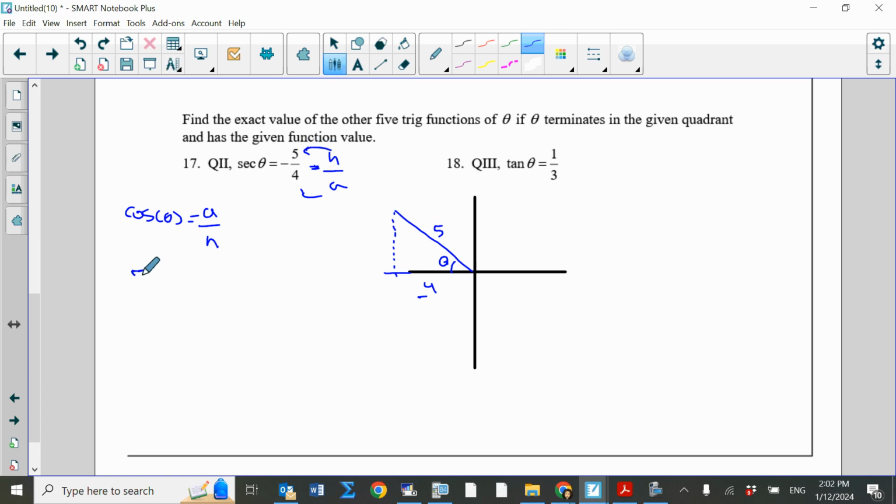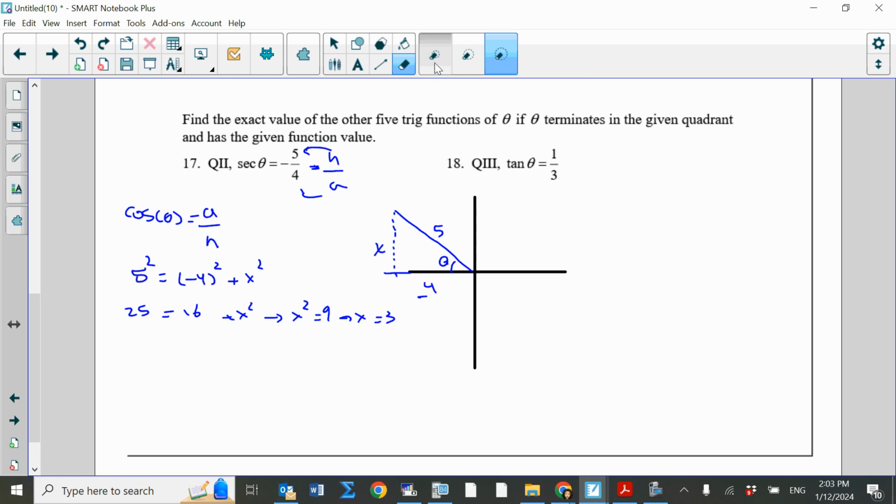Hypotenuse to the power of 2 is equal to -4 to the power of 2 plus this side, let's call that x squared. So 25 equals 16 plus x squared, and x squared will be equal to 9, and x is equal to 3. So this side is equal to 3.